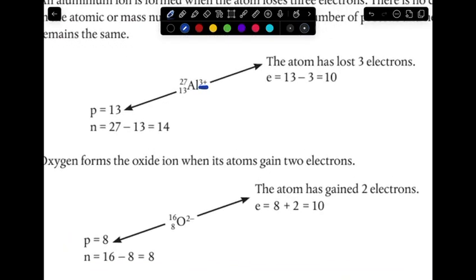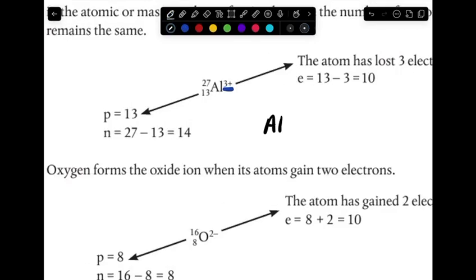The example here is that aluminium has 13 protons and 13 electrons when it's neutral, when the ionic charge is 0. However, if it loses 3 electrons, giving a charge of 3 plus, the electrons will be 10 because it lost 3 electrons.